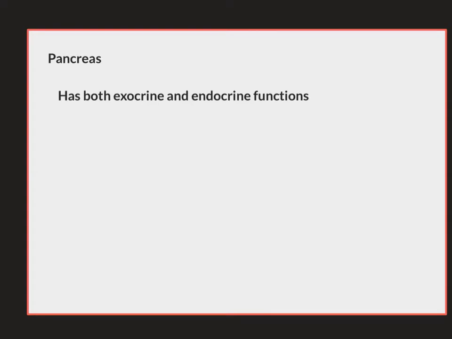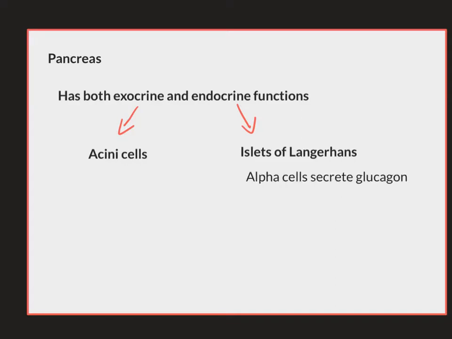Within the pancreas, there are two different clusters of cells: acinar cells, which are part of the exocrine function of the pancreas, and pancreatic islets or islets of Langerhans that are involved in the endocrine function of the pancreas. The alpha cells of the pancreatic islets secrete glucagon, while the beta cells of the pancreatic islets secrete insulin. Together, both these hormones are involved in regulating blood glucose levels.